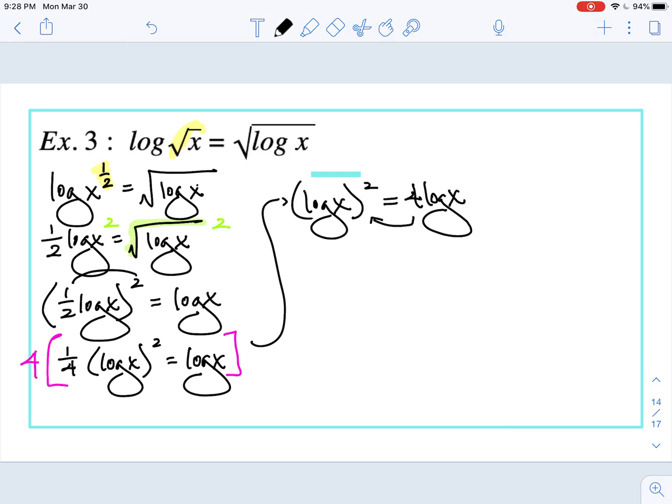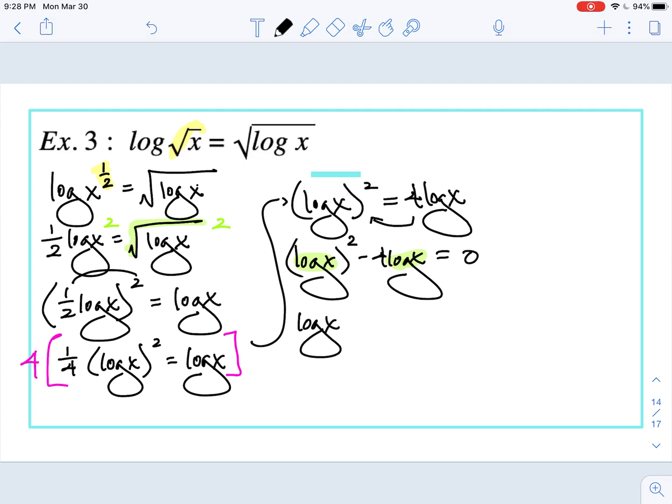Now I'm going to subtract this to the other side. So I've got (log x) squared minus 4 log x equals 0. And I notice that I've got a log x here and a log x here, so I'm going to factor those out. Log x times (log x minus 4) equals 0.